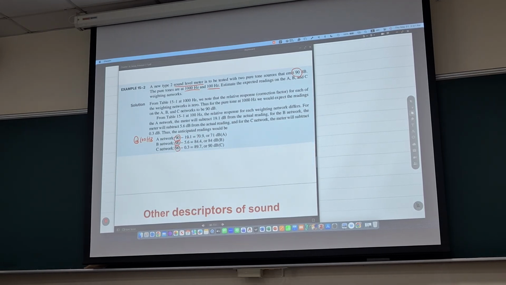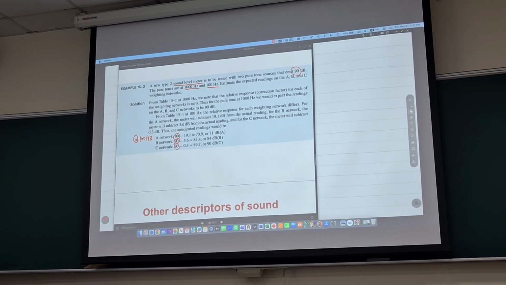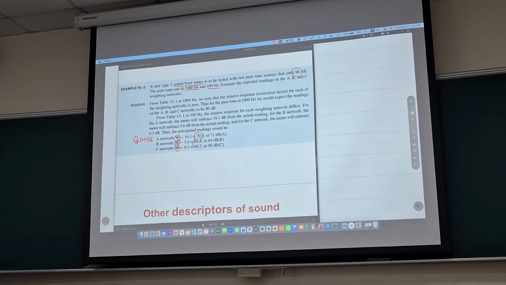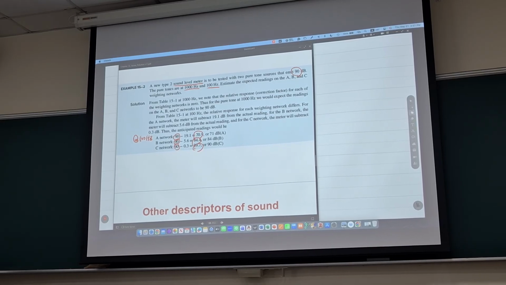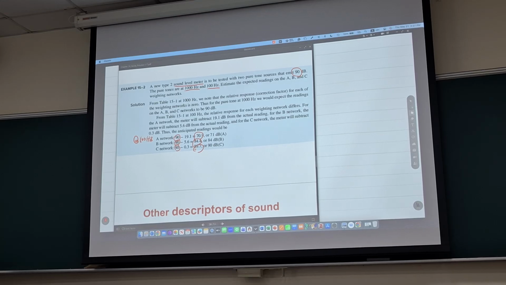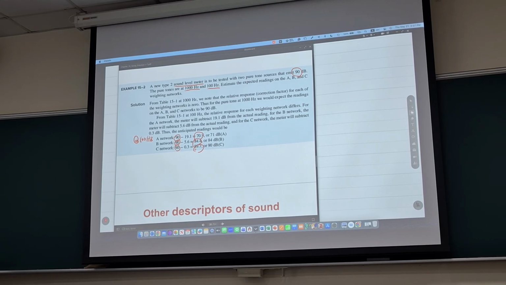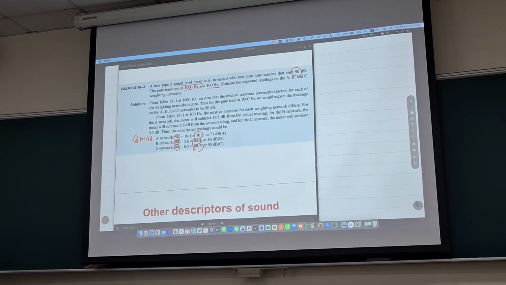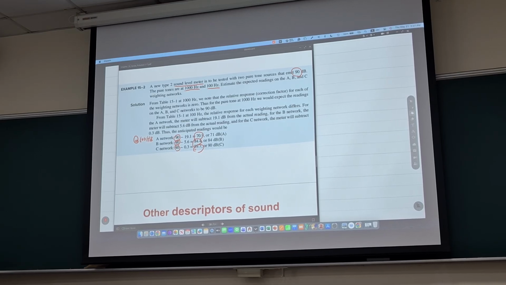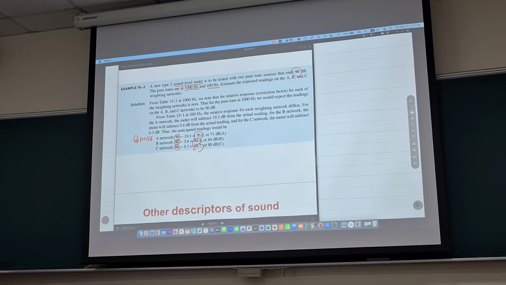Simple as that. So this is after reductions. If we use the filter at 100, A you got 70.9, B you got 84.4, and C you got 89.7.